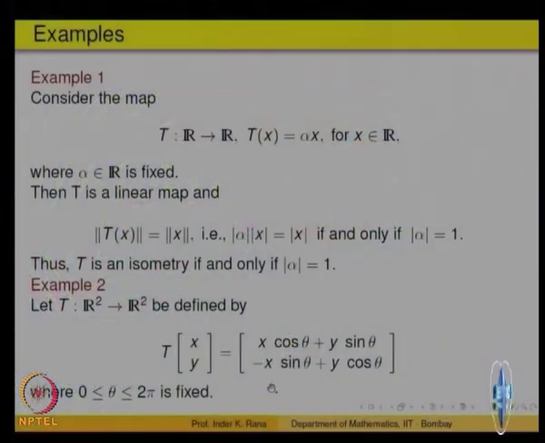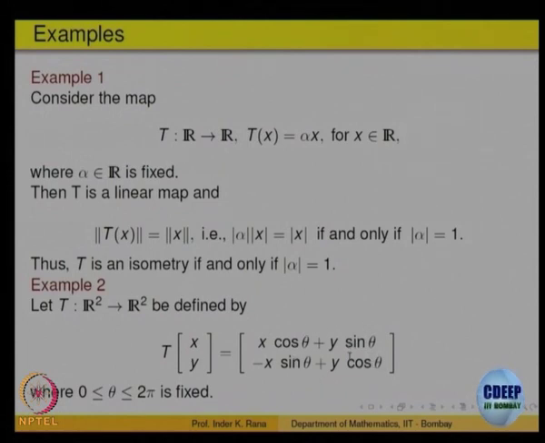So, it is matrix multiplication by the matrix cos theta, sin theta, minus sin theta, cos theta. So, with theta fixed, we want to check whether it is an isometry or not.